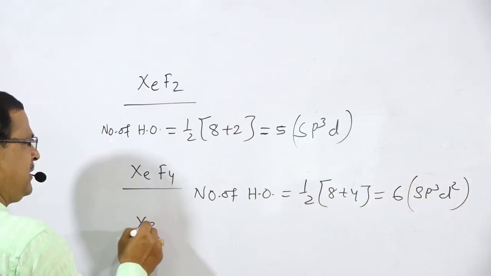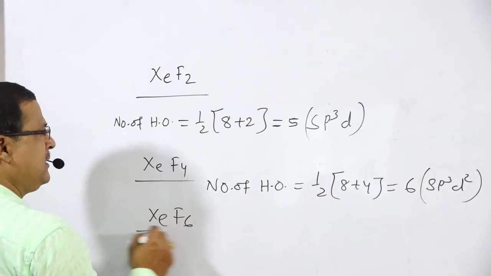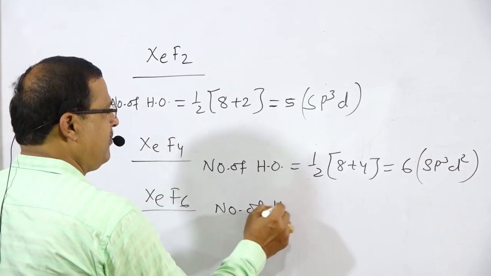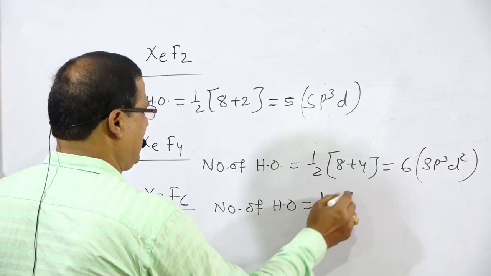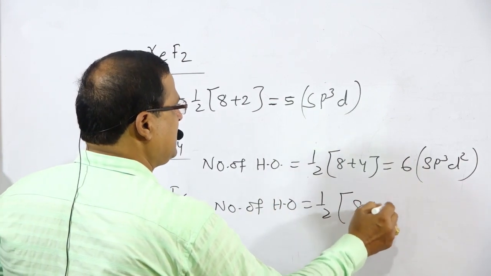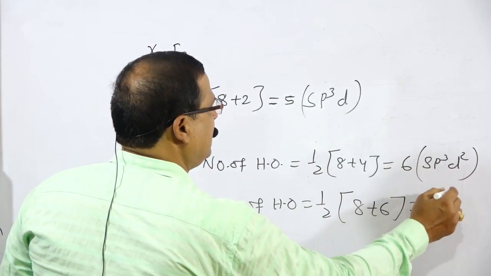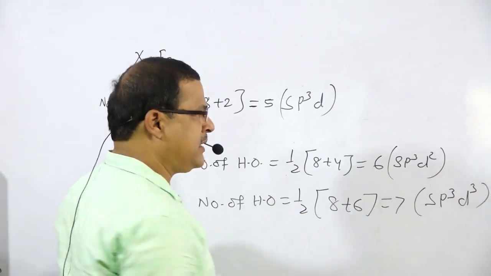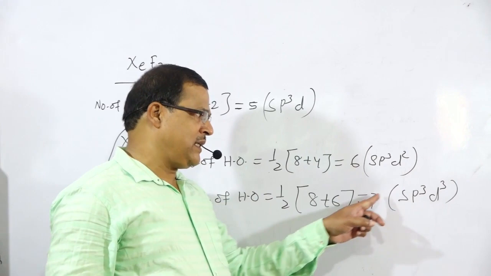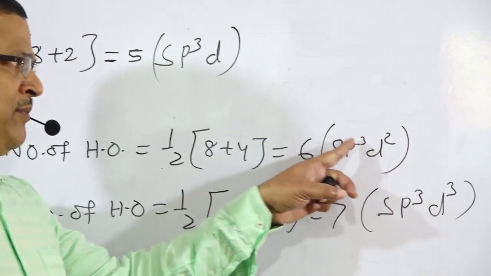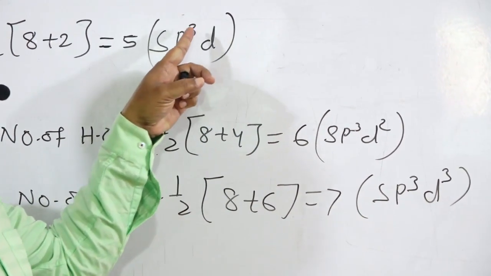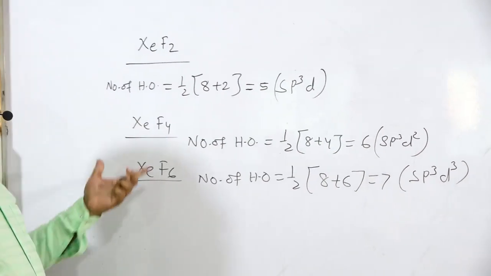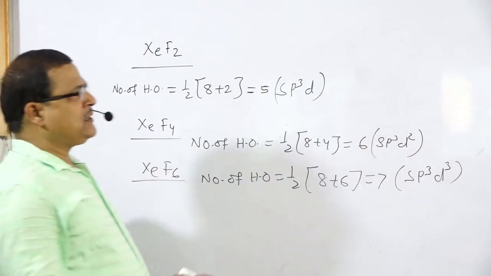Then xenon hexafluoride: the number of hybrid orbitals is half of 8 plus 6, that is equal to 7, so sp3d3. Next, we apply the same formula to the oxide compounds.